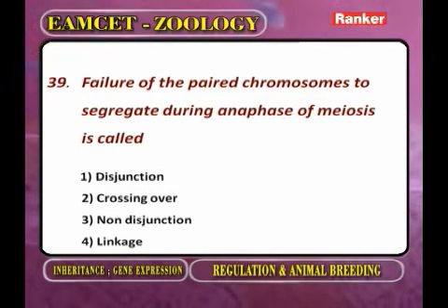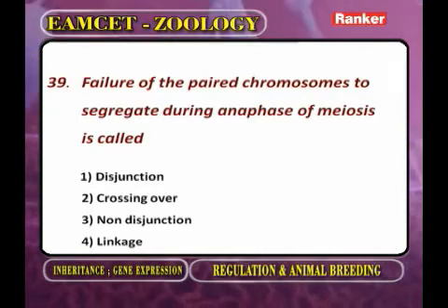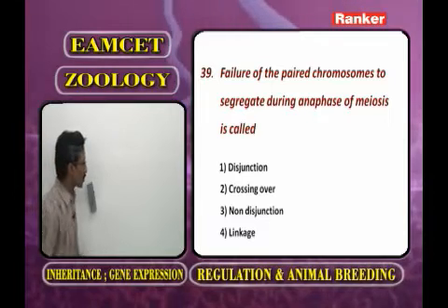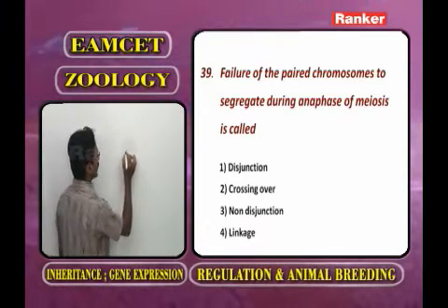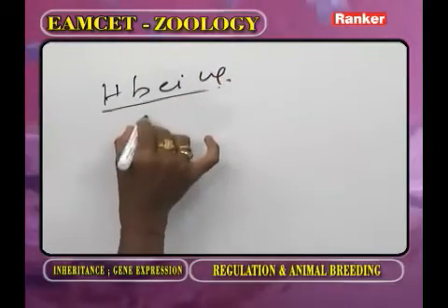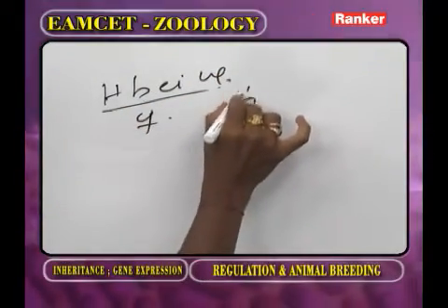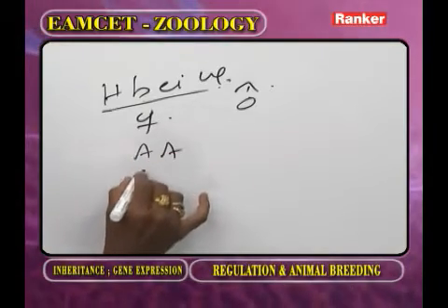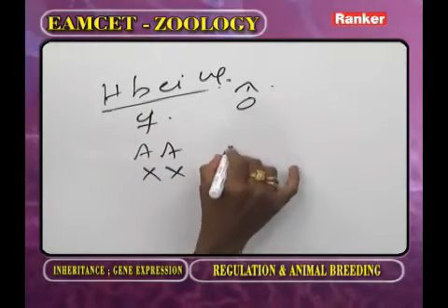Failure of the paired chromosomes to segregate during anaphase of meiosis is called. Now again you observe the question, failure of paired chromosomes. For example, take the human body, female and male. In female, autosomes, sex chromosomes.